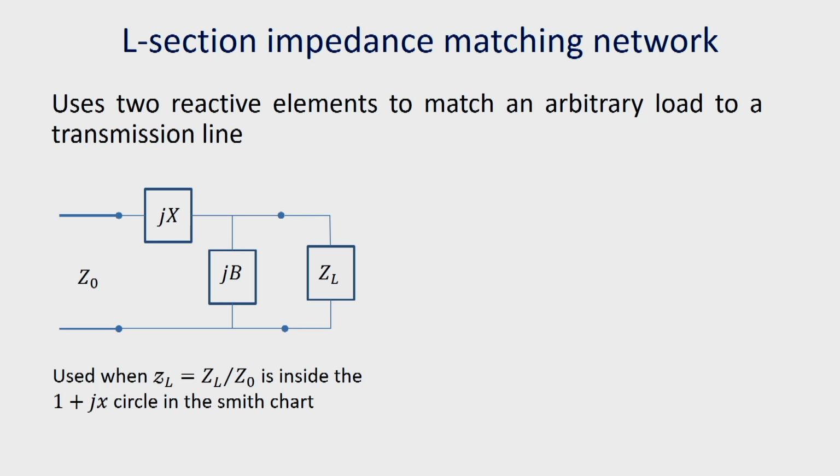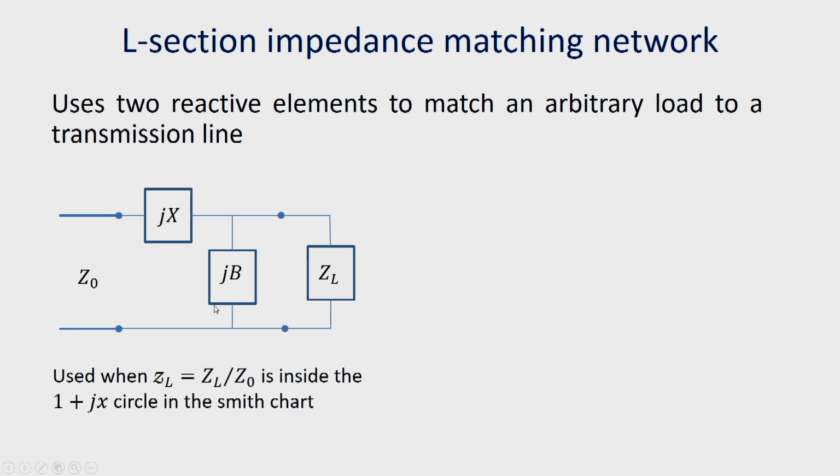So, in the Smith chart, if you consider the circle r equal to 1, inside the circle we will have r greater than 1, which indicates the real part of the load impedance is greater than the characteristic impedance Z0. So, this configuration of matching network is suitable for handling loads for which the real part of the load impedance is greater than Z0.